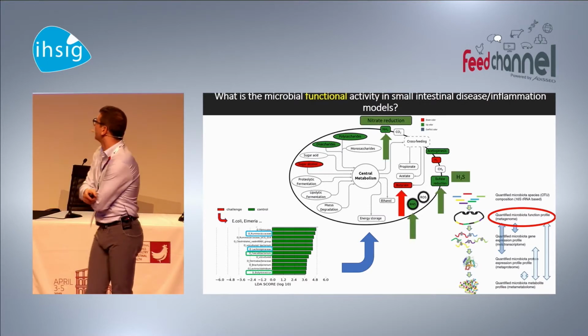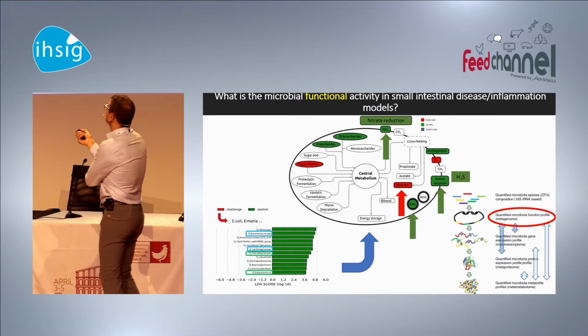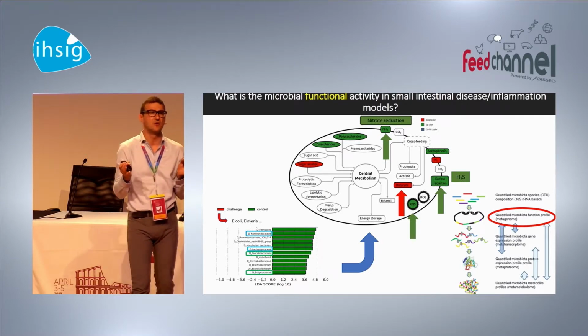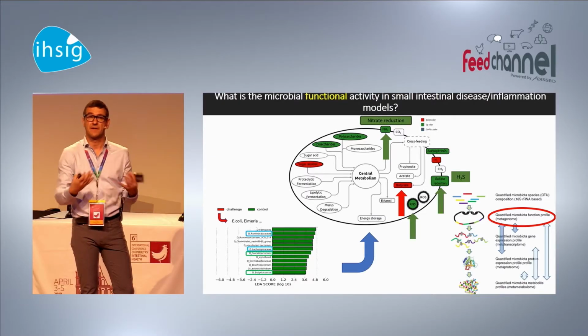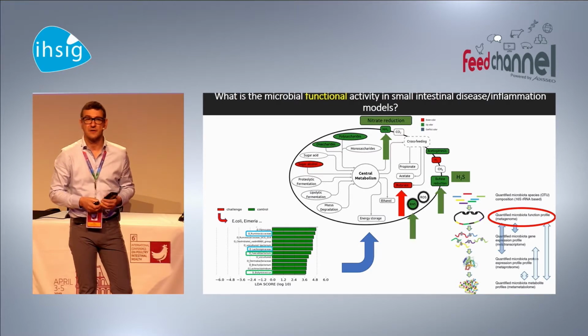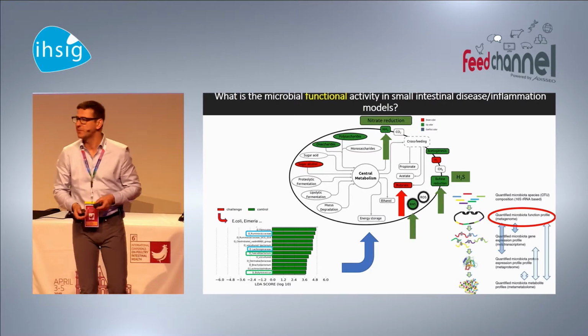And this is quite important as well, because this means that you can look at quantifying genes that encode functional pathways, just using quantitative PCR, and that would also give you some gut health biomarkers. I will come back to this in a few minutes.